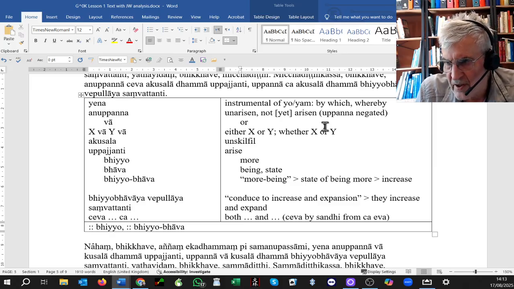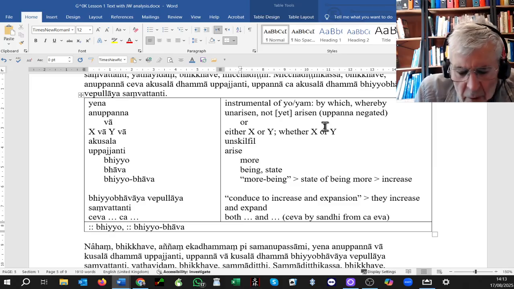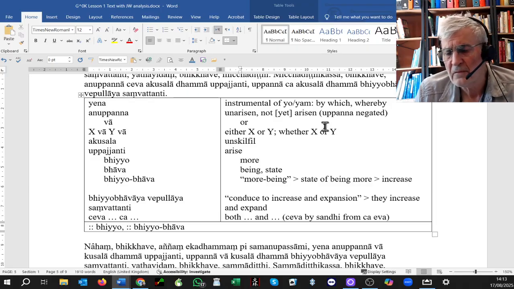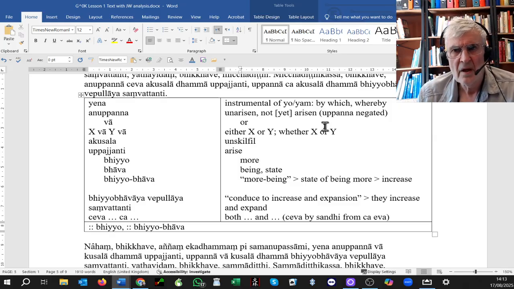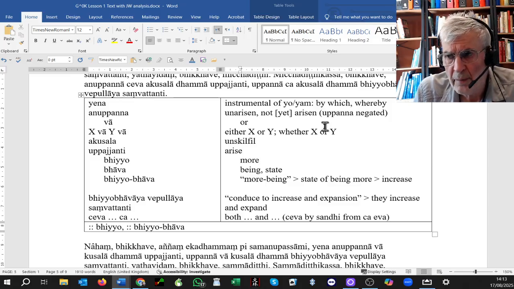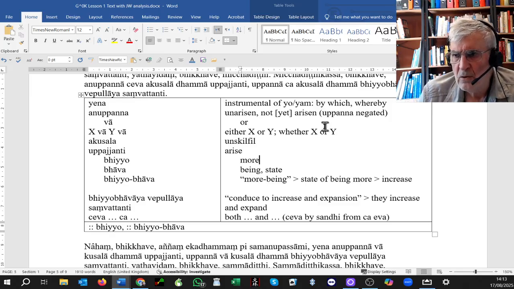And it's used here as virtually synonymous, I think, with vepulla. You very often find that in the Pali scriptures, that two synonymous or almost synonymous words will be juxtaposed without really altering the meaning. So bhiyo bhavaya vepullaya samvattanti.